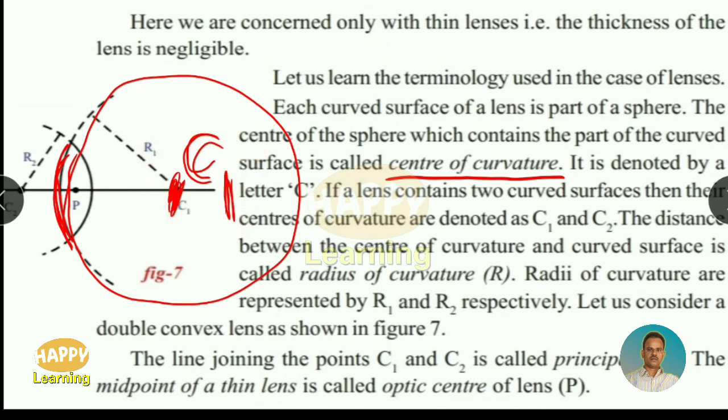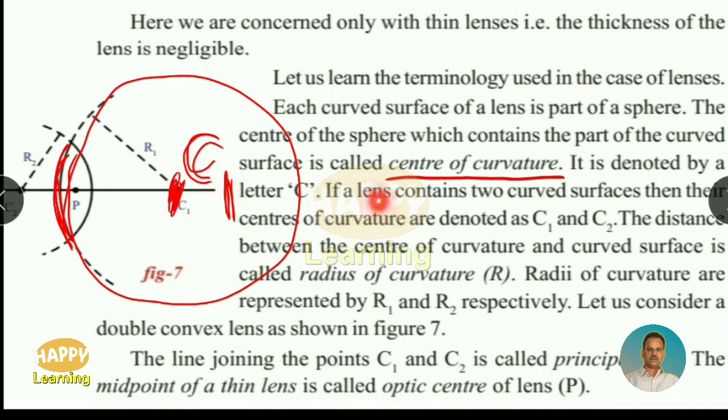For this lens, the left hand side is the first surface. If we extend this first surface, you will find a sphere, and the center of that sphere is the center of curvature C1.